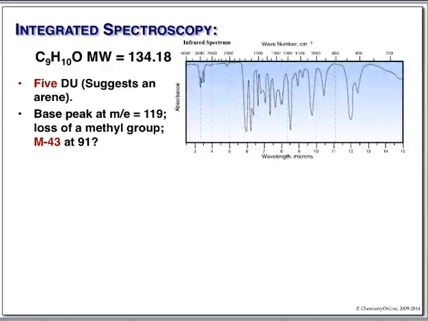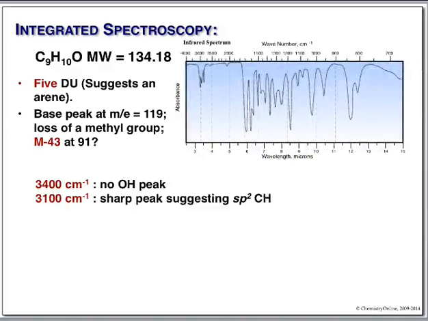Infrared. Let's start up here at the high end. We have no OH peak at 3400. We have a nice sharp peak here just on the high side of 3000 for sp2 CH.